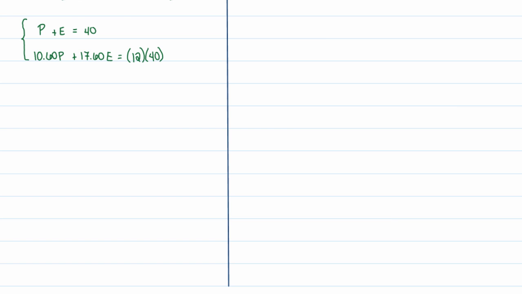What I'm going to do is multiply this second row by 10. The reason why is because then I can move that decimal place over, so I get rid of all decimals essentially. So I'm going to multiply row 2 by 10, and I'm also going to multiply these two numbers together. Just as a heads up, 12 times 40 is 480. So I'm just letting you know that this number right here is actually 480.